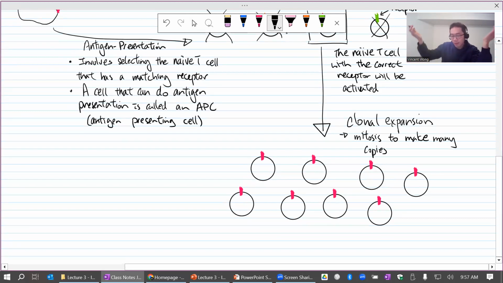Which makes sense, because you can't just rely on one cell. You need a whole army of them. We're not making the green ones, they're not going to be able to help. We make the chosen one, the red ones.